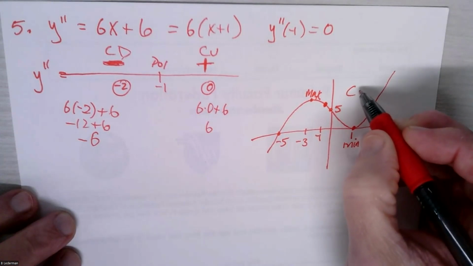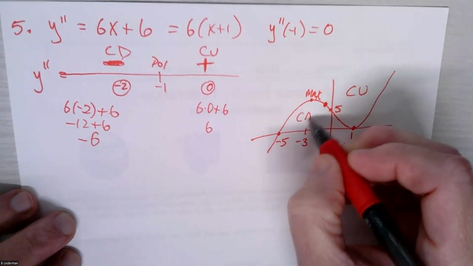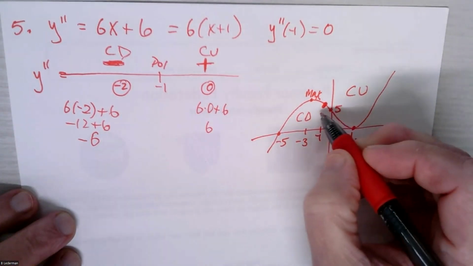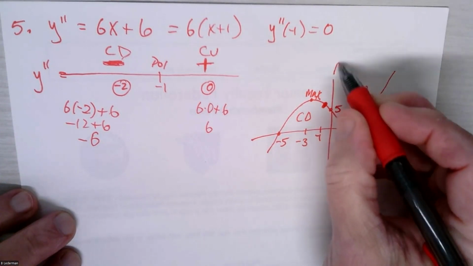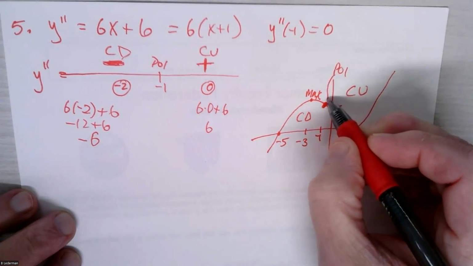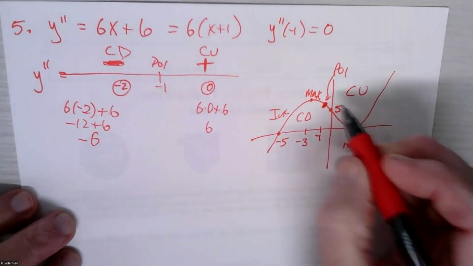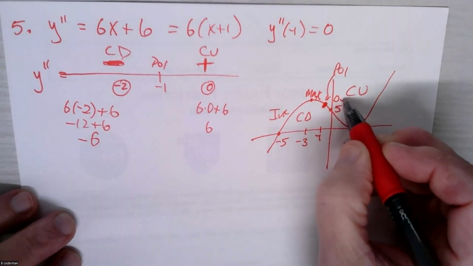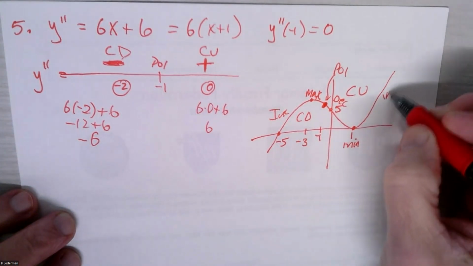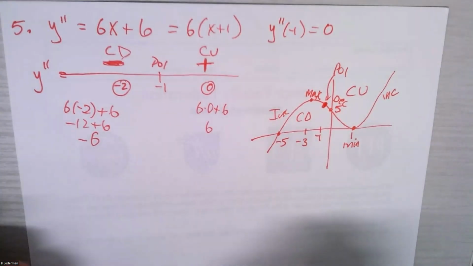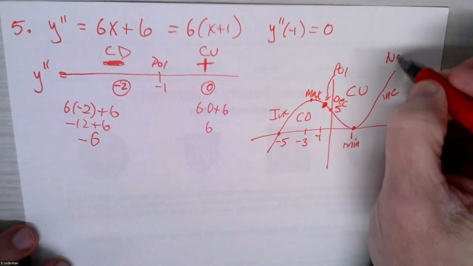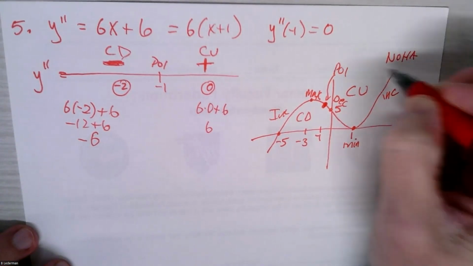This is concave, and it's increasing. The function is decreasing. It gets very busy. And it's increasing again. And there's no horizontal asymptote, no vertical asymptote.